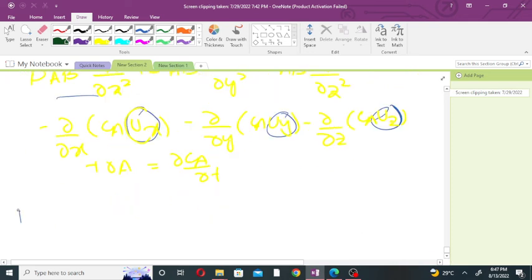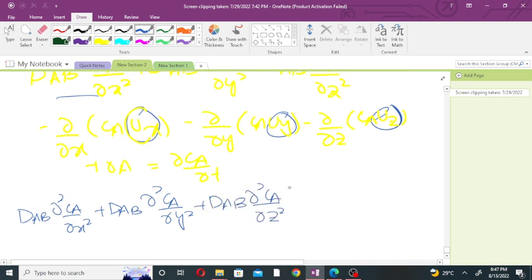DAB times d square CA by dx square plus d square CA by dy square plus d square CA by dz square, minus, since ux, uy and uz are constant, ux dCA by dx, uy dCA by dy, uz dCA by dz, plus RA is equal to dCA by dt. So at steady state this term will be 0.